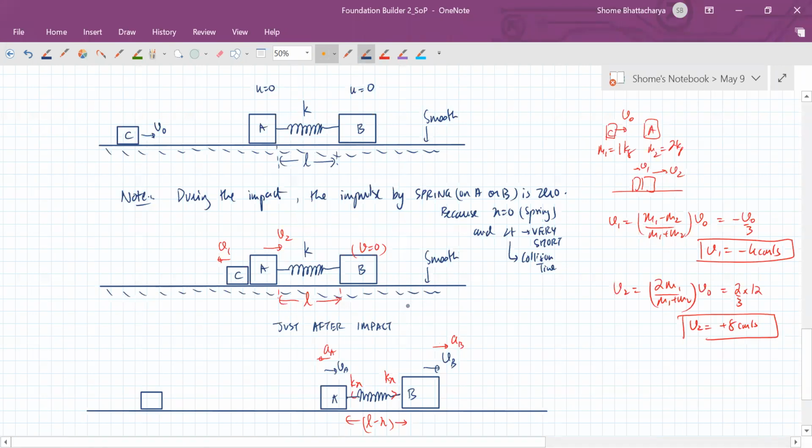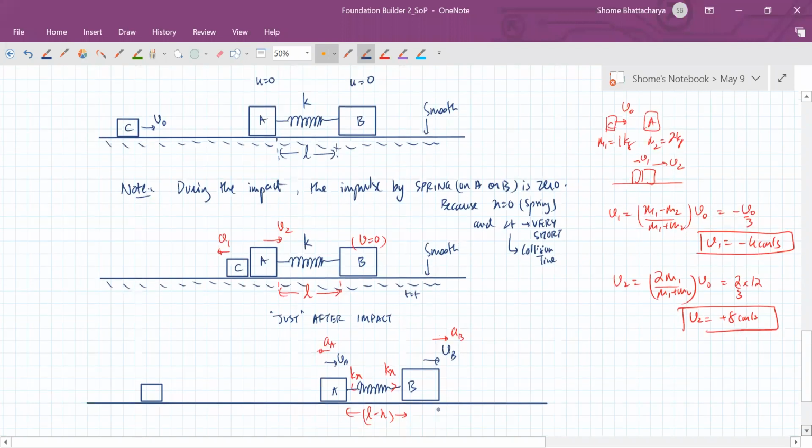So if the collision is happening at t equal to t, so this is just after collision.